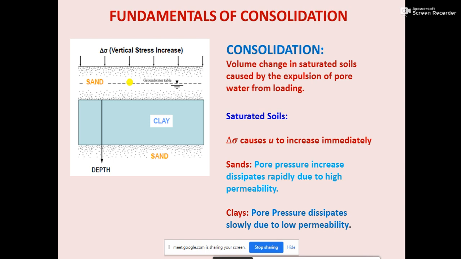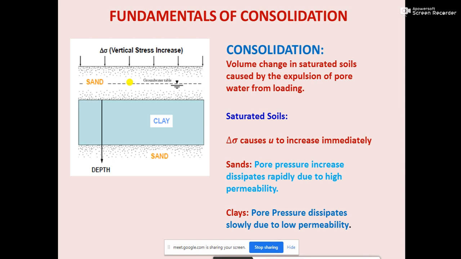So what is void? If you remember the three phase soil system, void is nothing but the volume of the air and the volume of the water. And the solid content is only the soil solid mass.